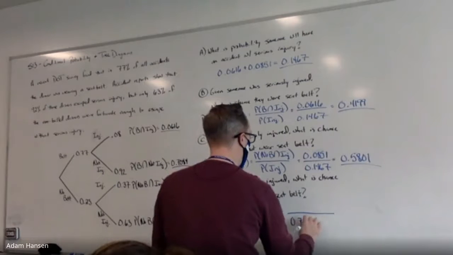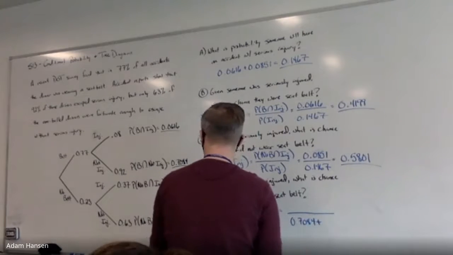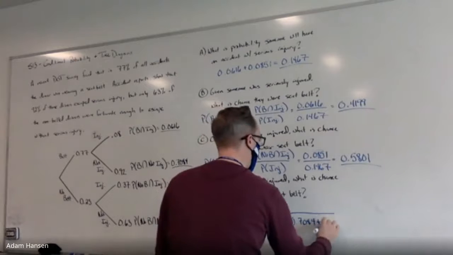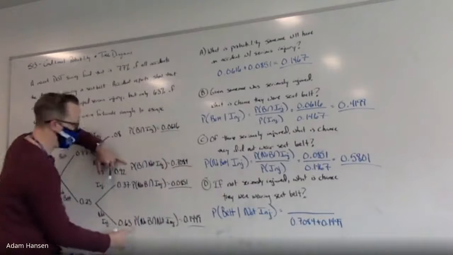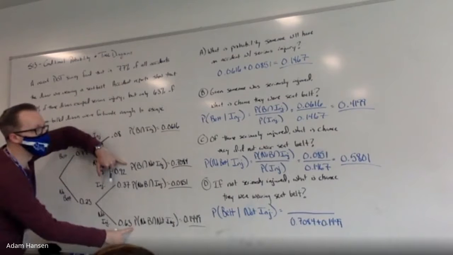0.7084 plus 0.1449. And of those two parts, which percent tells me those that were wearing the belt?